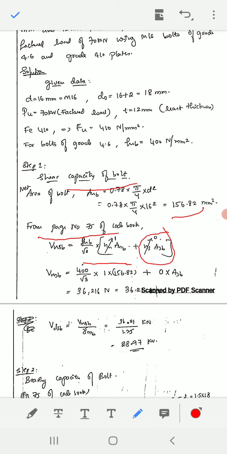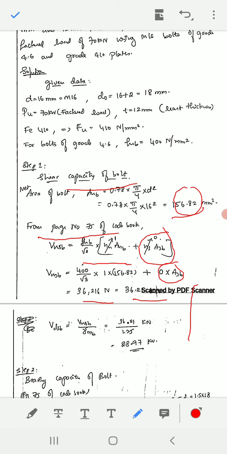That is fub. 400 divided by root 3 into nn which is 1, into Anb, which we just found, that is 156.82. You substitute that, then this term will get 0. So you will get 36,260 Newton. You have to convert into kilonewton, divide by 1000, then you will get 36.21 kilonewton.